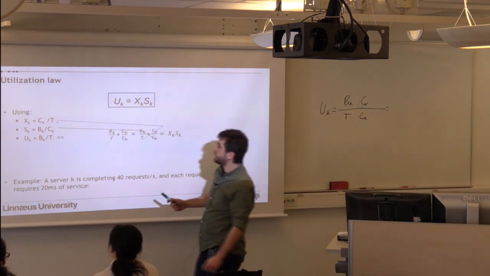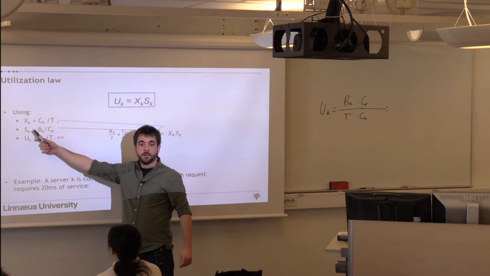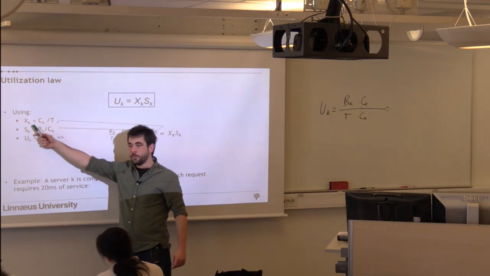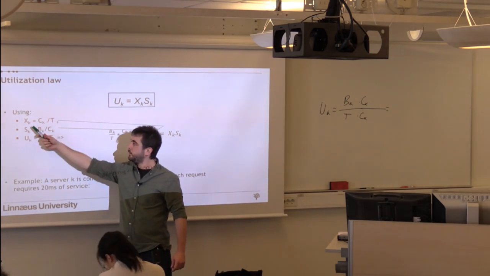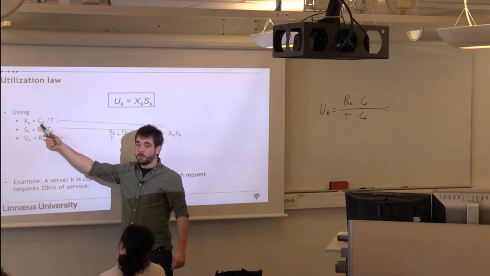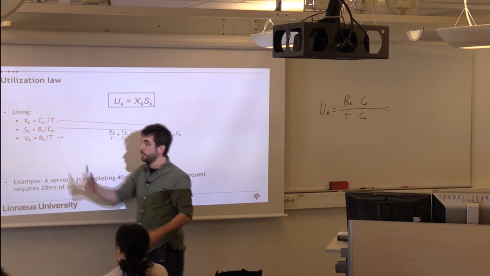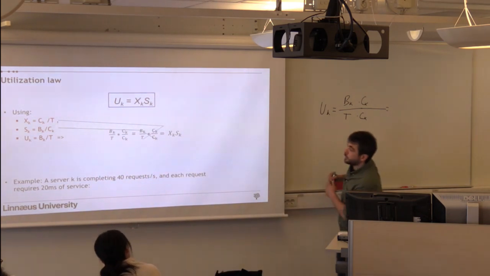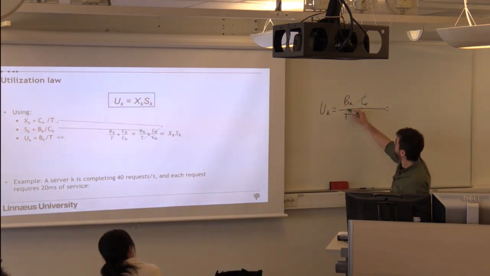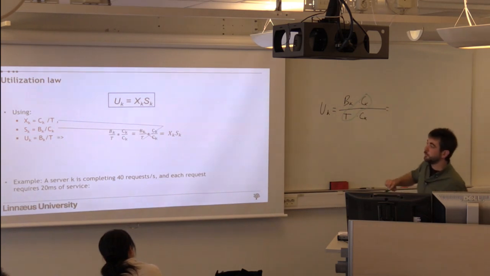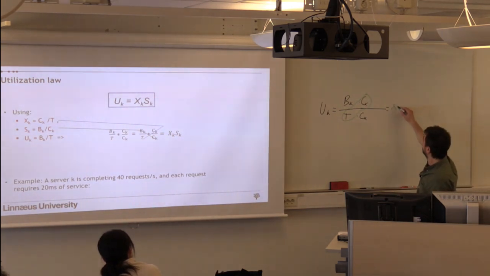We saw that the throughput of a part of the system is the number of completions that we observed in this part of the system divided by the amount of time. So the number of completions divided by the amount of time is the throughput, which is X sub k.